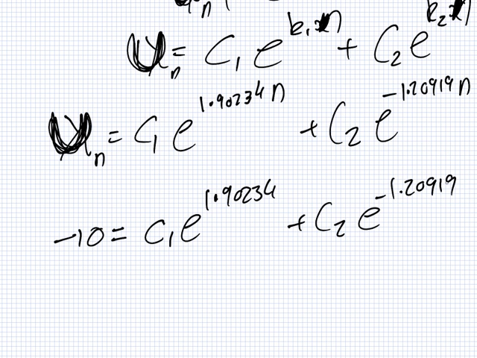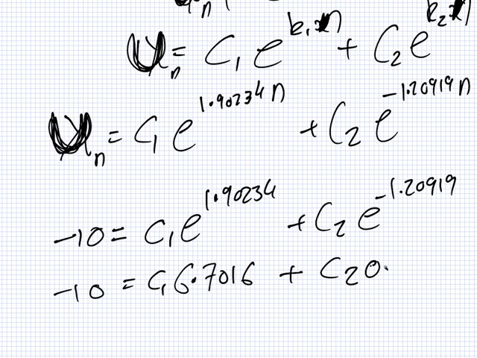Okay, so here I have minus 10 equals C1 times 6.7016 plus C2 times 0.29844.